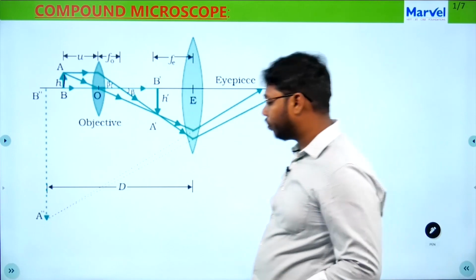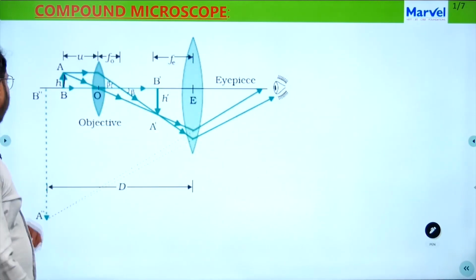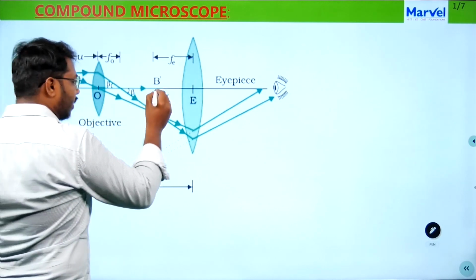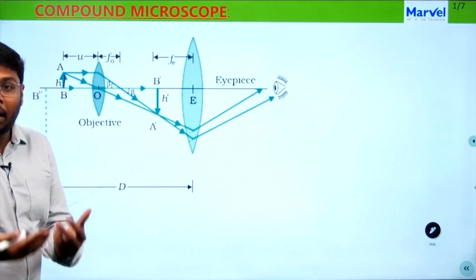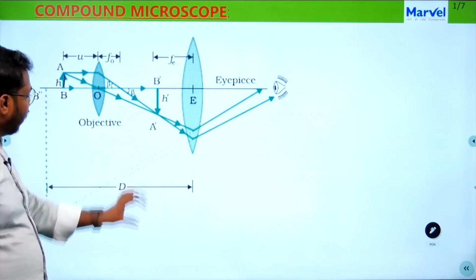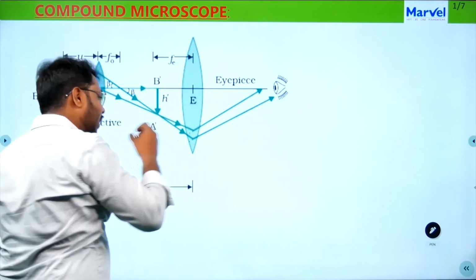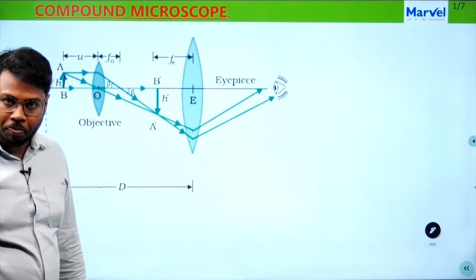First, what you have to realize is, this being an object, H prime is the image of the object H, and then this image serves as the object for the second convex lens.